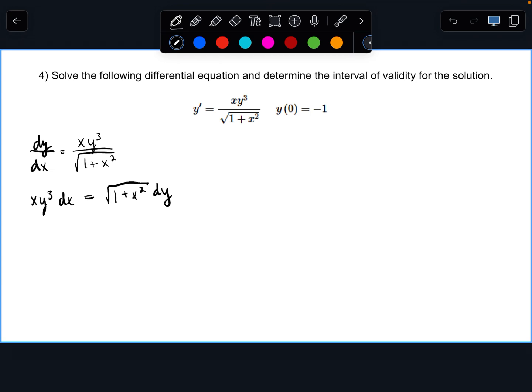So what I'm left with, I kind of want my y's on the left. Okay, here's what I'll do. I'm going to divide out the root, and then this is going to be 1 over y cubed dy. Is everyone still alive on where I got this?